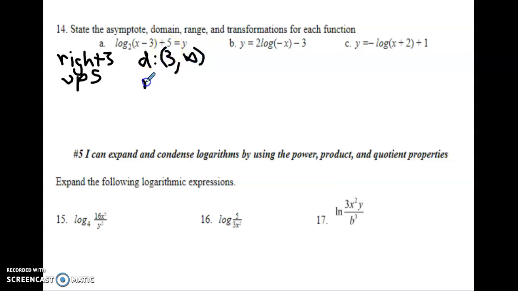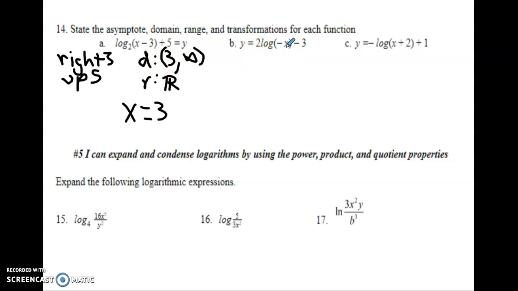And the range, since this is a log function, we know that the range of a log function is always all reals. So double-barred R. Then this domain tells us that there's an asymptote at x equals 3, because 3 is the boundary of where the values go.